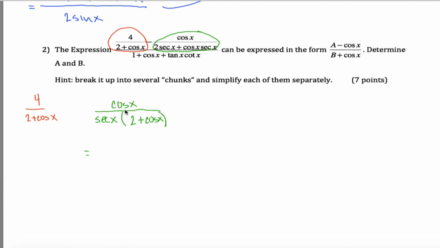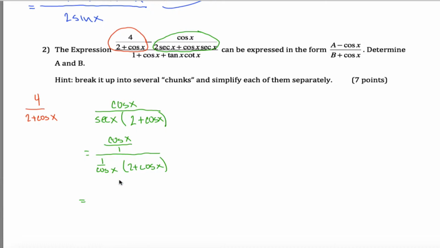So I think what I'd do at this step is say, well, secant is 1 over cosine. So this is cosine of x divided by 1 divided by secant of x is 1 over cosine of x times 2 plus cosine of x.